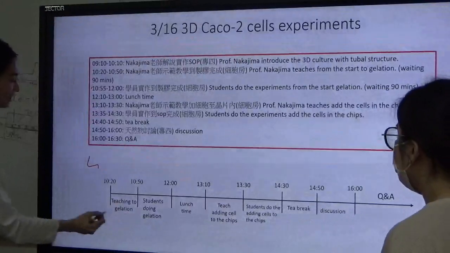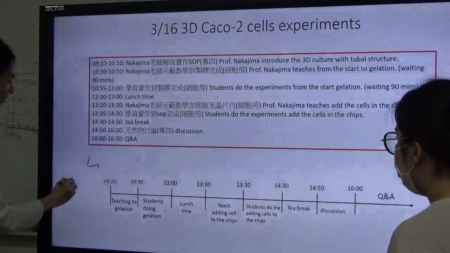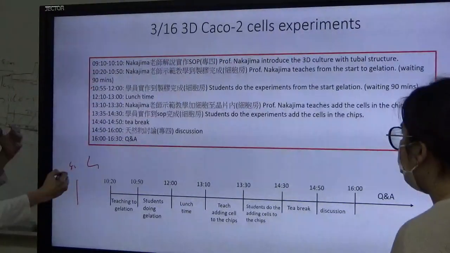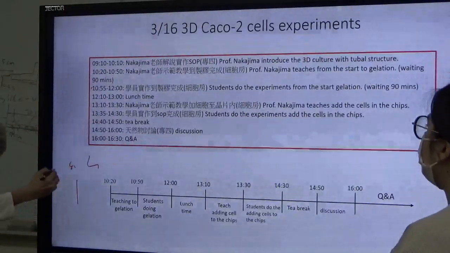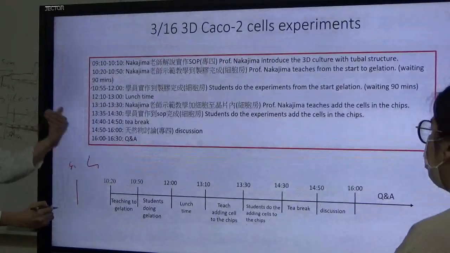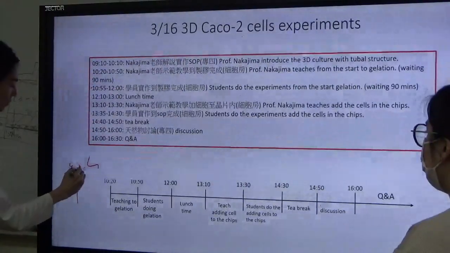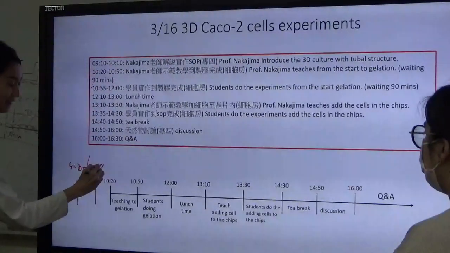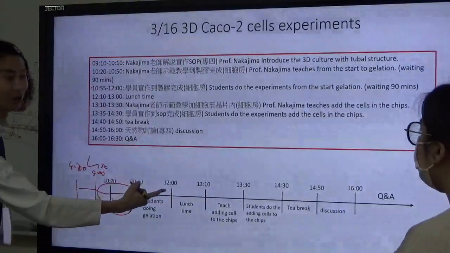But the generation time is a little bit short, so I would start at 9 for the presentation, but quickly introduce the 3D culture system for training to the new people until about 9:40 or 9:30, and then everything is okay for me.